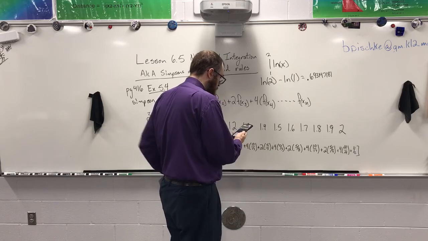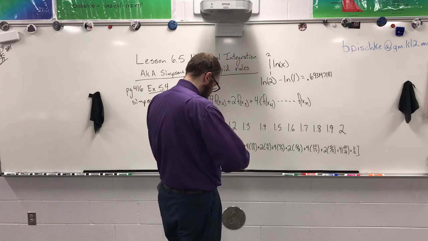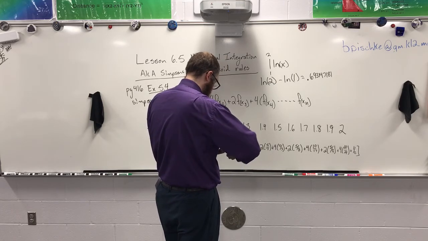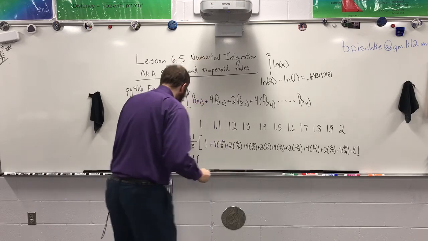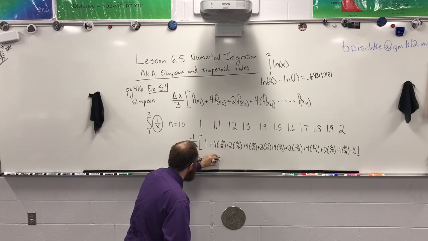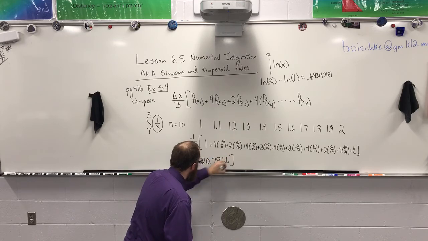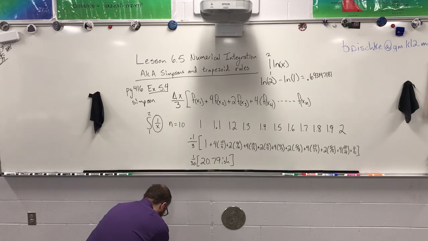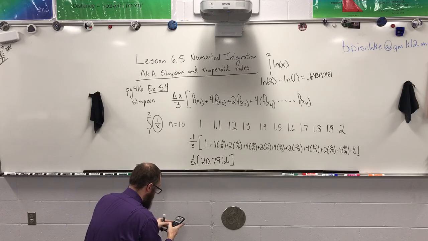So I have 20.79-ish. And then I multiply that by 1/30, and I get perfect.